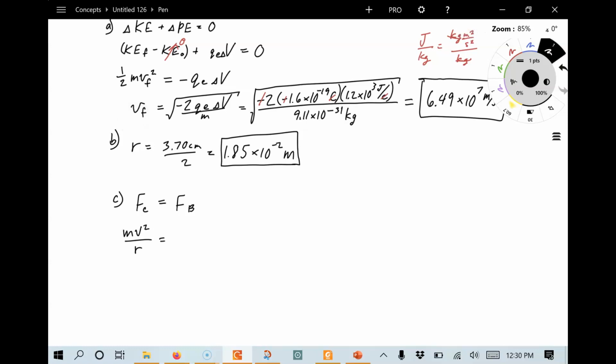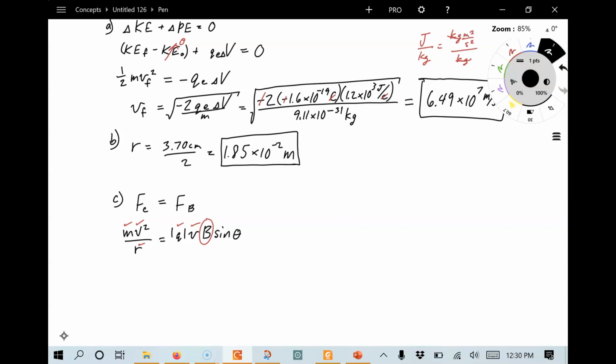And the magnetic force, we know that's going to be equal to the magnitude of the charge times its speed times the magnitude of the magnetic field times sine of the angle between Q and V. Now, so far we've already discovered what the value of V is. We've already discovered what the value of R is. We know the mass of an electron. We know the charge of an electron. And we can go ahead and use that information to calculate B here.